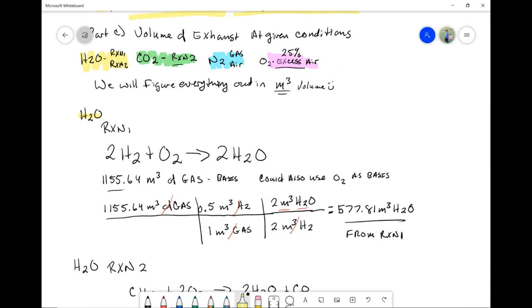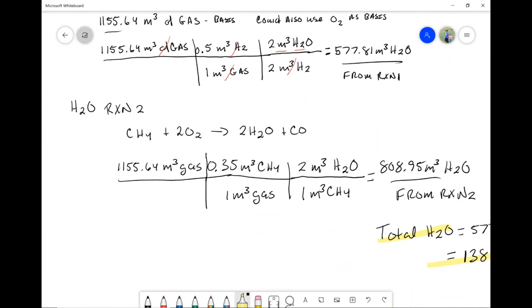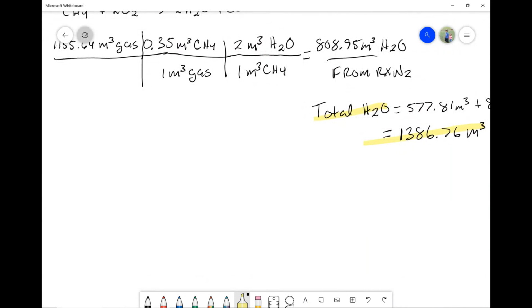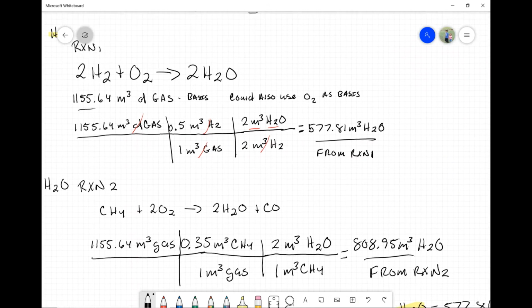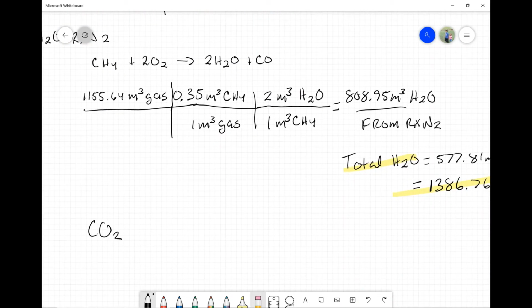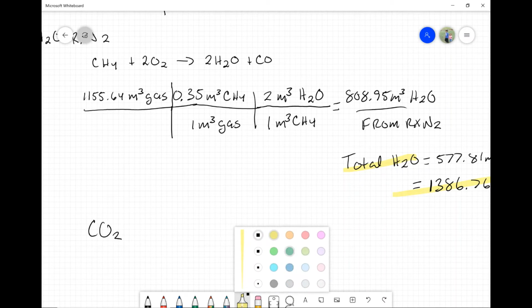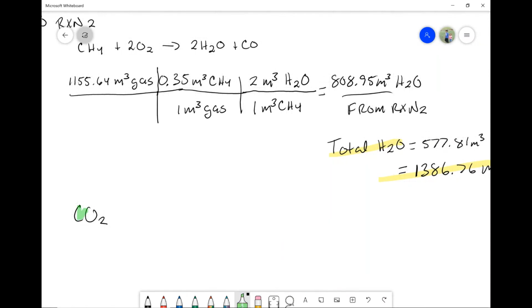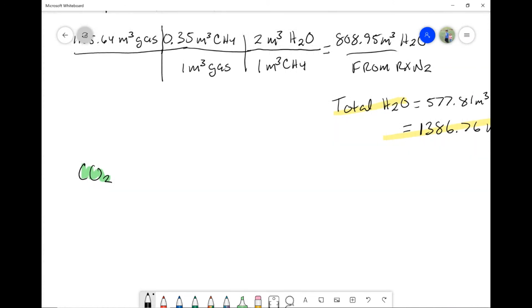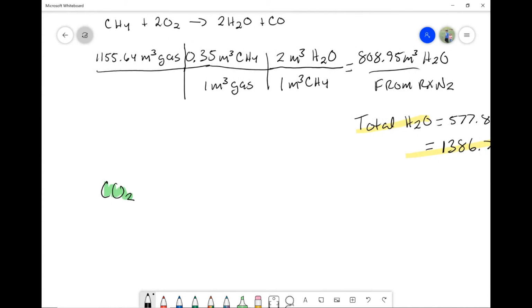The next gas on our list is CO2, and that only came from reaction 2. And then we color coded it green. And which green? I don't know. Hopefully it was this one. Okay, CO2. Again, it almost gets repetitive, and I apologize for that, but I can't do much about it because that's just how these problems work.